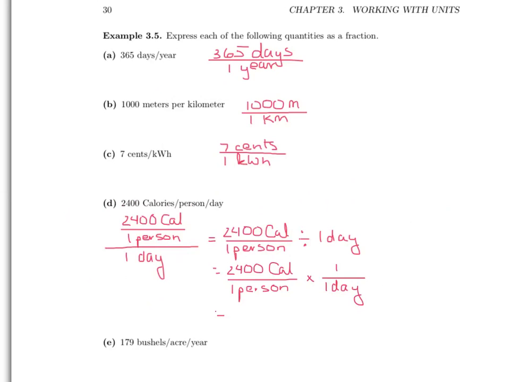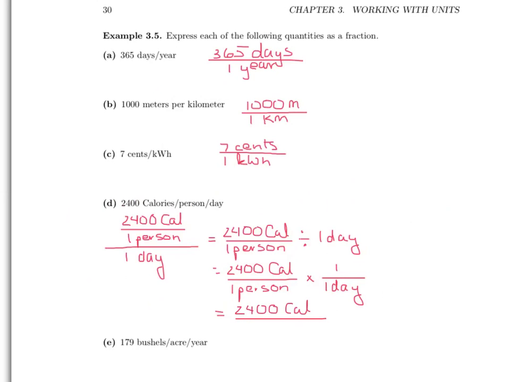If you recall from chapter 1, we multiply fractions by multiplying their numerators and multiplying their denominators. So when we do that here, when we multiply the numerators, we arrive at 2,400 calories again.